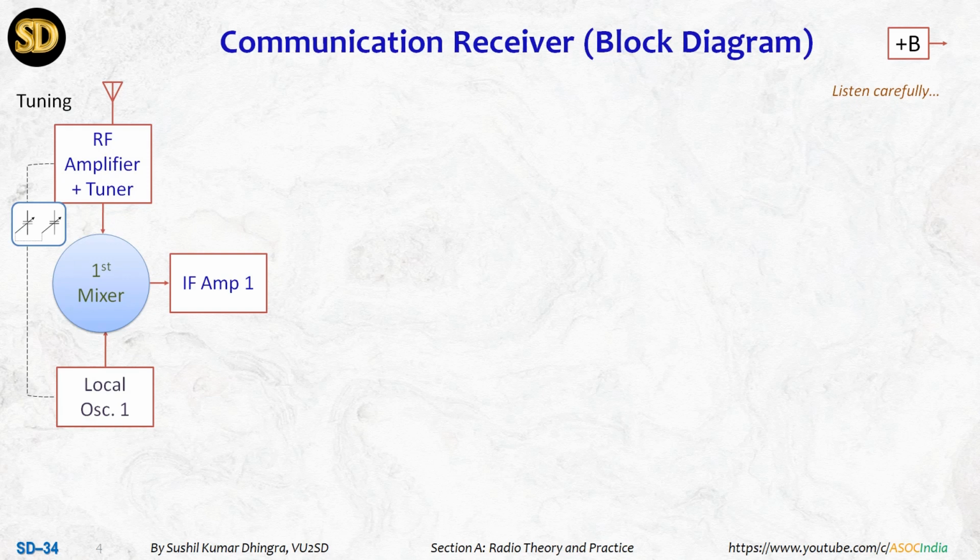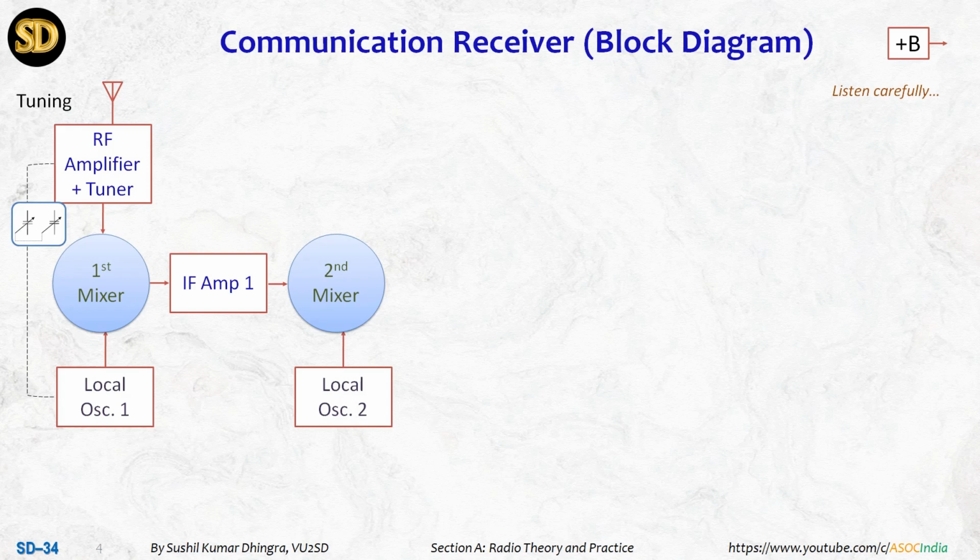Listen carefully. Because it is a communication receiver, we need more selectivity, so we need more filter circuits, and we need an additional stage of another mixer, the second mixer. Now 2000 kilohertz is coming to the second mixer.